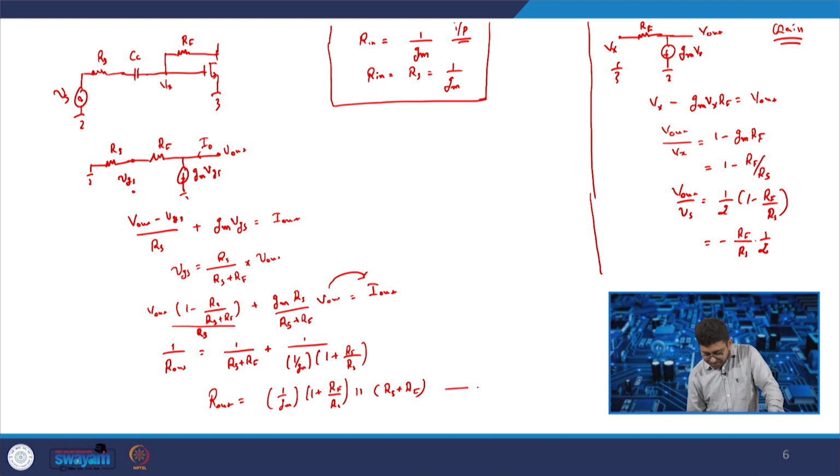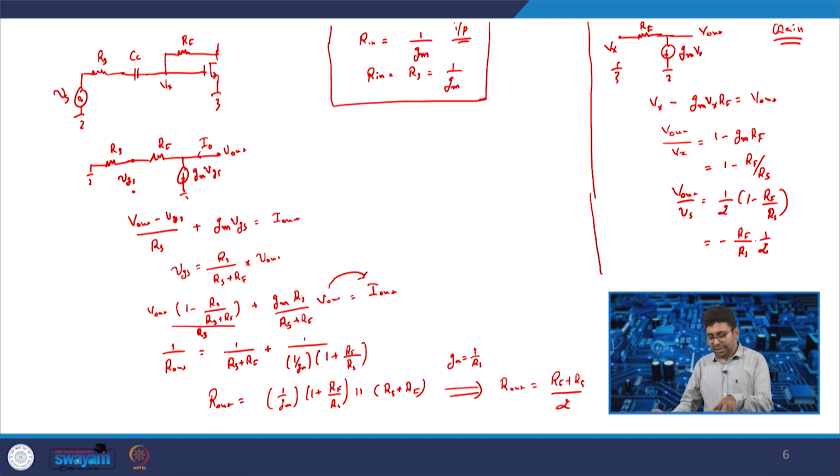And this term implies, if we consider Gm is equal to 1 by RS, the R out will come out as RF plus RS by 2.